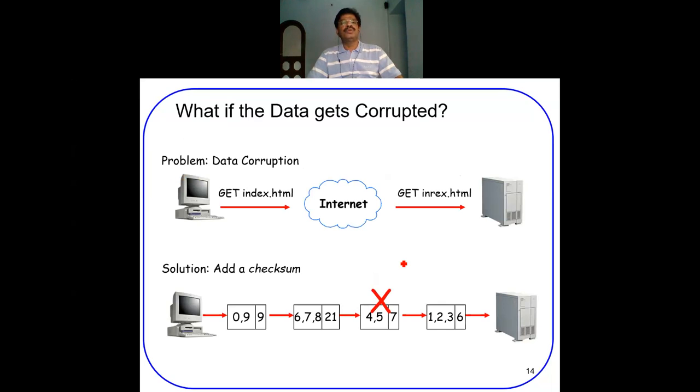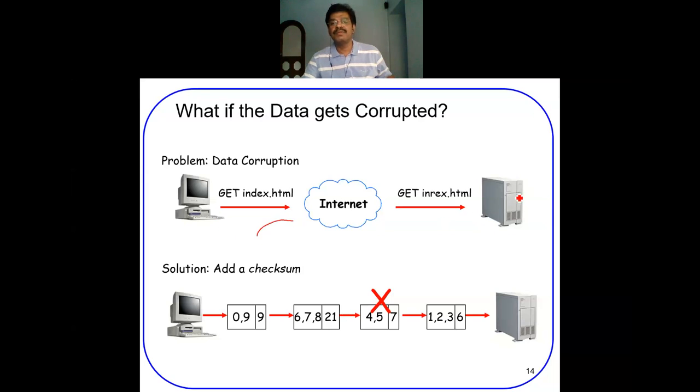This shows you what happens if the data gets corrupted. Whenever subscriber 1 or data terminal 1 wants the information having the file name index.html, but in the internet the name gets corrupted and the request that is provided becomes get index.html, but index.html is not at all available on this server configuration.